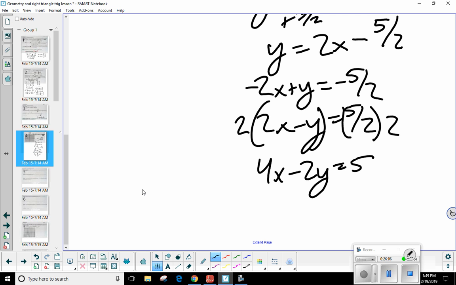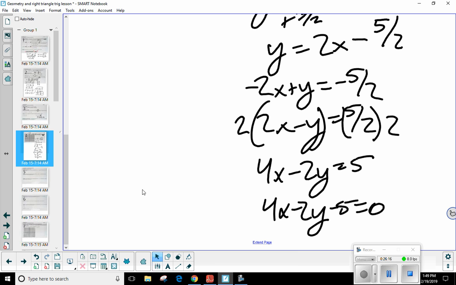So just 4x minus 2y minus 5 equals 0. Perfect. That is standard form. So there you go. There's the equation of a line that is a perpendicular bisector to the line segment AB.